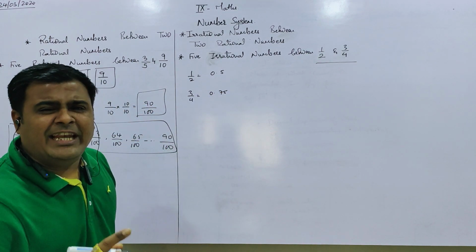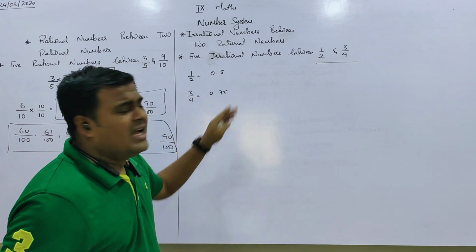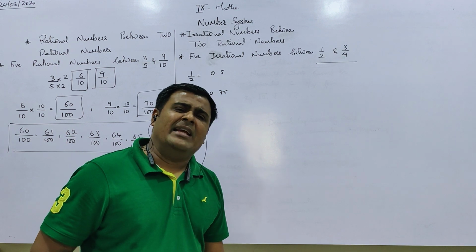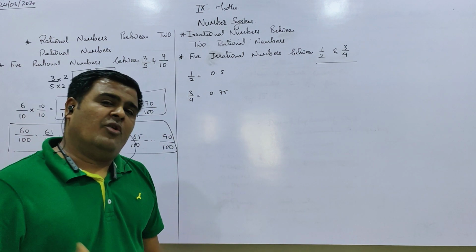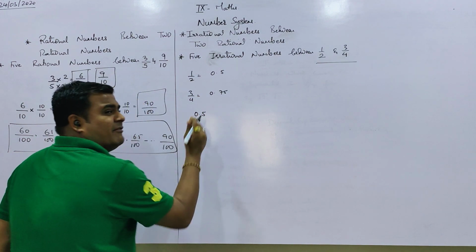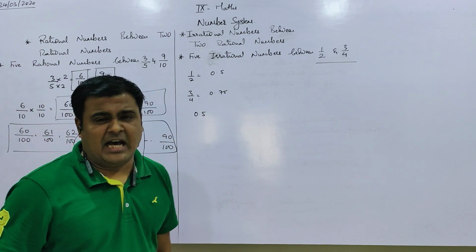So basically we need 5 irrational numbers between these two numbers, 0.5 and 0.75. Our first number should be greater than 0.5 and the last number should be less than 0.75. So let us try. 0.5 is our lower limit and 0.75 is our upper limit.